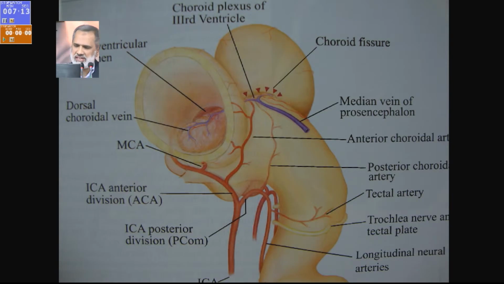This is my favorite slide. And believe me, if you are able to get this slide in your mind, most of the things will be clear. As I told you, 7 segments of the internal carotid artery, and the last segment is divided into anterior division and posterior division. This is very important. From the anterior division, the first artery to develop is the anterior cerebral artery.